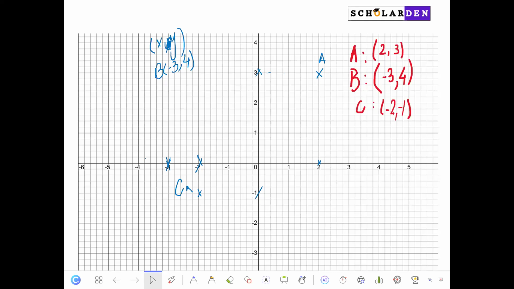We find y is equal to minus 1. And then we traverse along the negative x-axis because we are supposed to find the negative value of x. We traverse along the negative x-axis and we reach over here, and this is where x is equal to minus 2. So again, this is the same point. The order does not matter as long as you know which axis to traverse along.